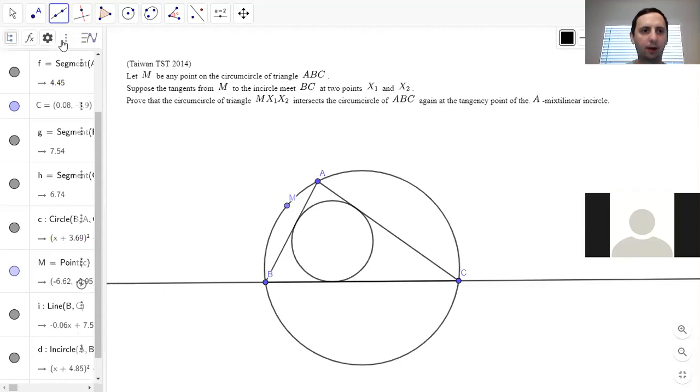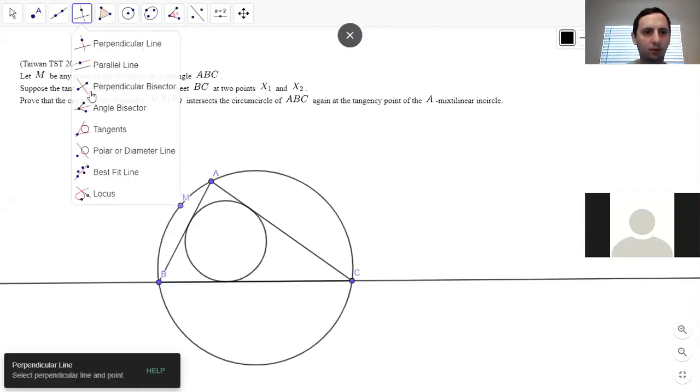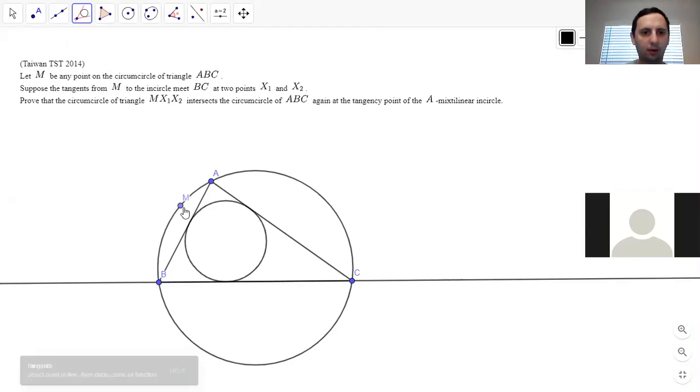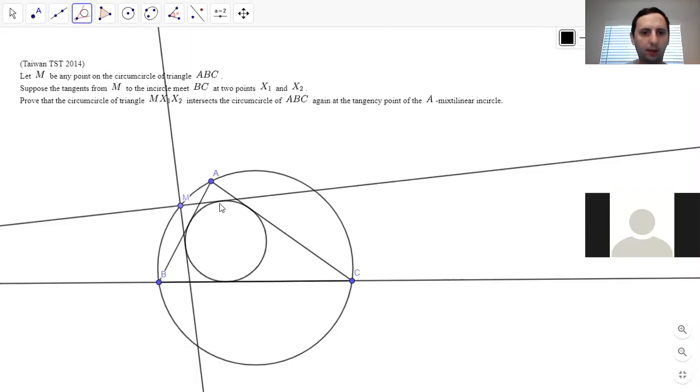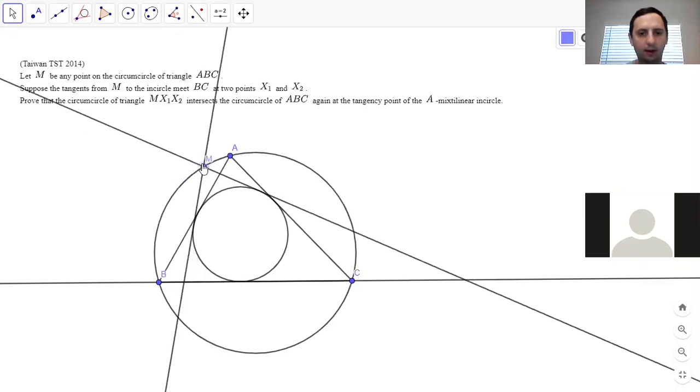So I can close that now, and I will draw the tangents from M to the incircle, and I will see where they meet BC. Let me make it easier to see.